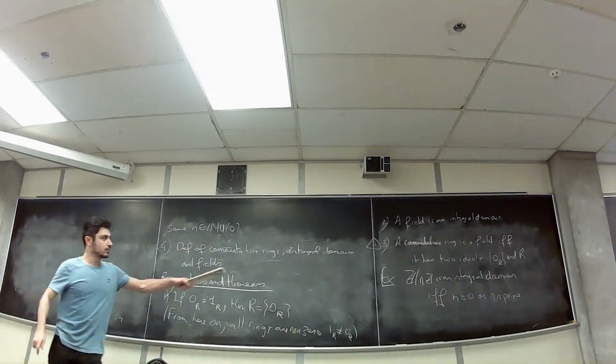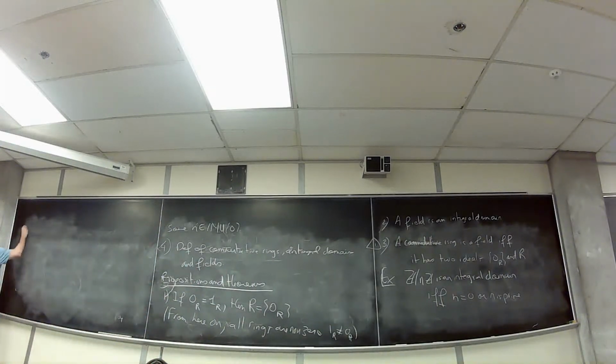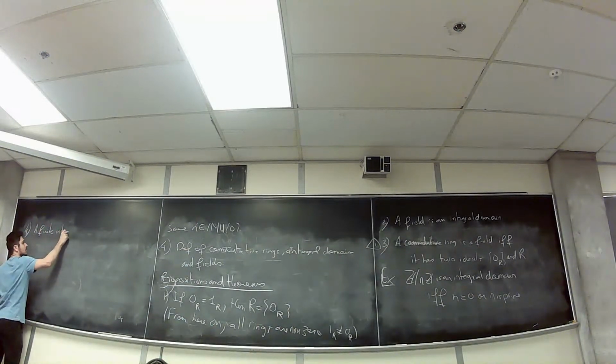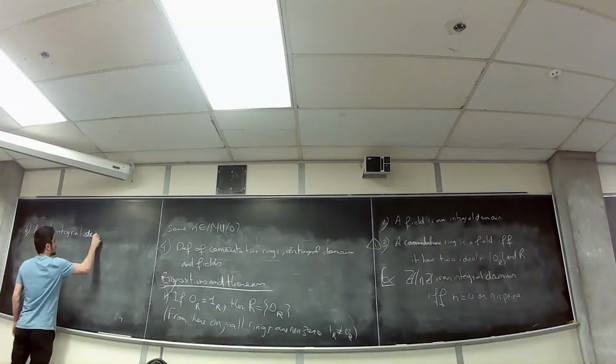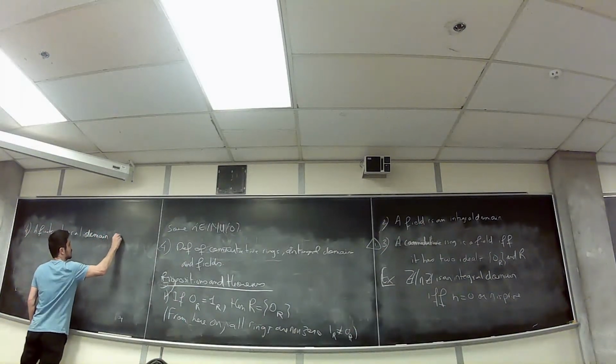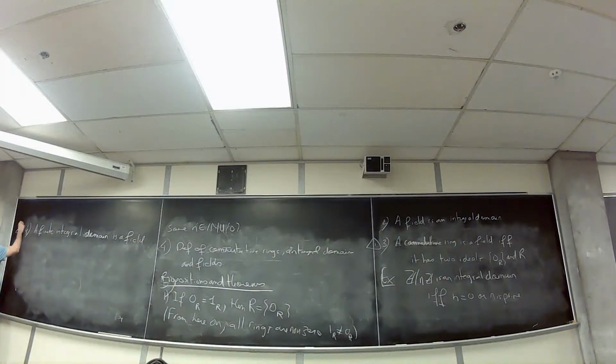If you want me to go through one of these, they're a bit long, so let's try not to. A finite integral domain is a field. This is also very important.